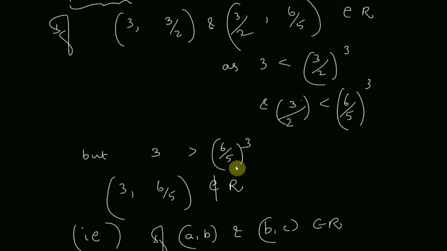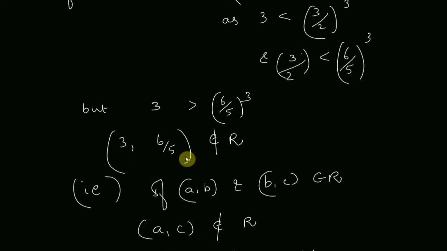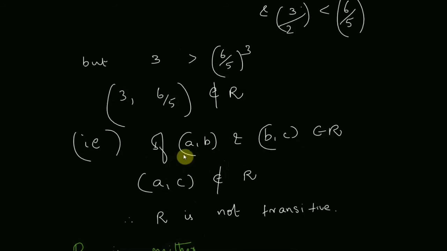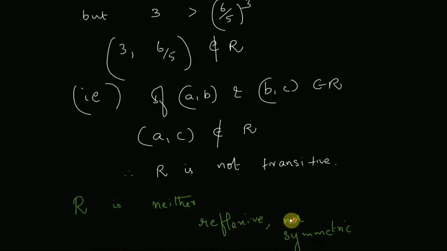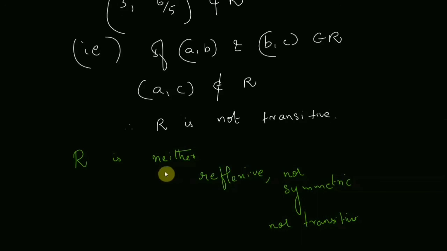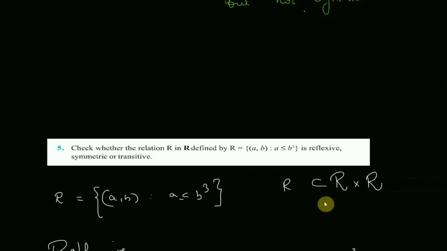So (3, 6 by 5) doesn't belong to R because it doesn't satisfy the given condition. So (a, b) and (b, c) belong to R, but (a, c) doesn't belong to R. Therefore it is not transitive. So R is neither reflexive, nor symmetric, nor transitive. Okay, thank you.